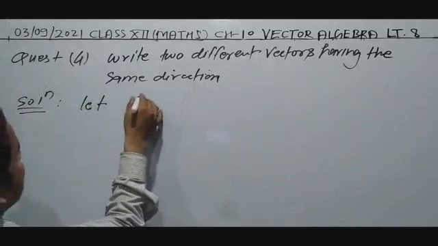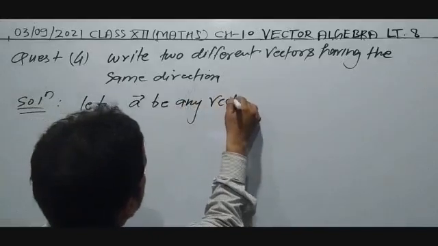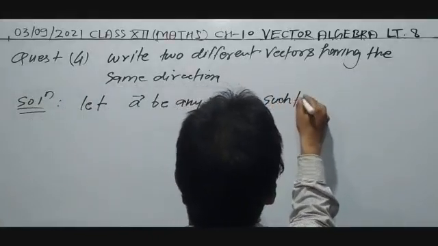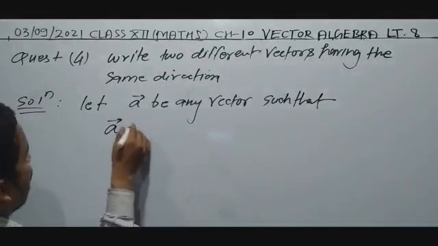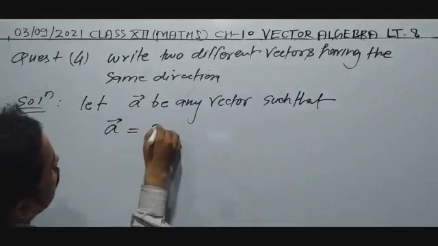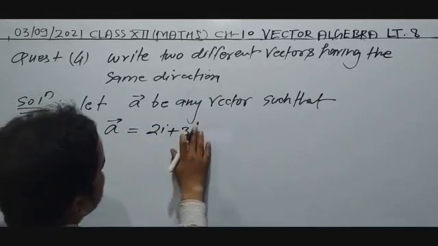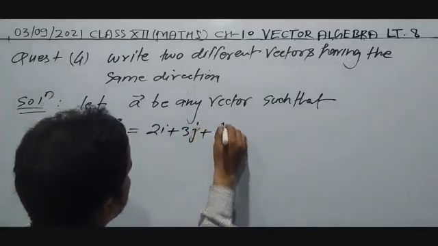Let capital A be any vector such that capital A is equal to, suppose, 2i plus 3j plus k.